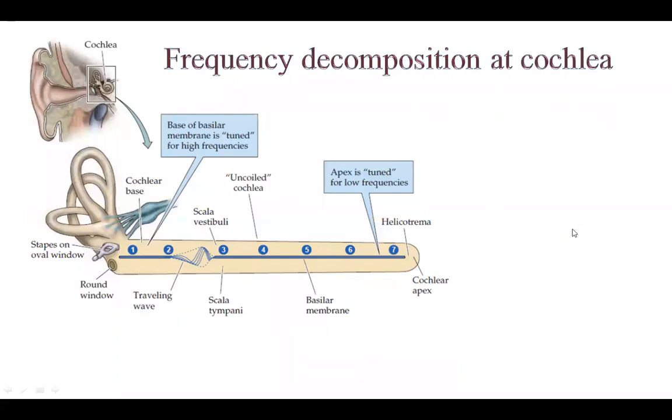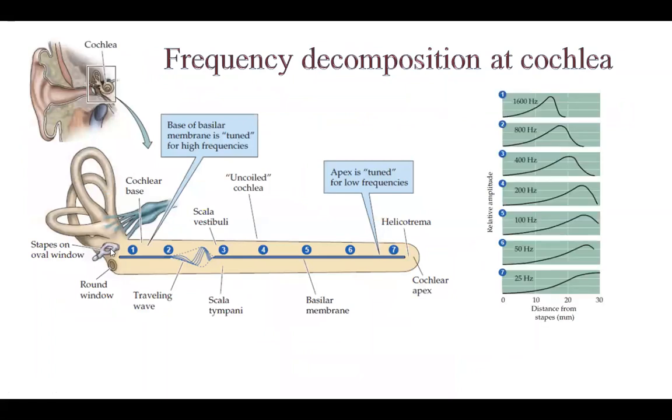Now let us see the frequency decomposition, meaning how the basilar membrane responds. If you see here, this is just a representation. 1 means 1600 hertz, 2 means 800, 3 is 400, 4 is 200, 5 means 100 hertz, 6 is 50 hertz, and 7 is 25 hertz.